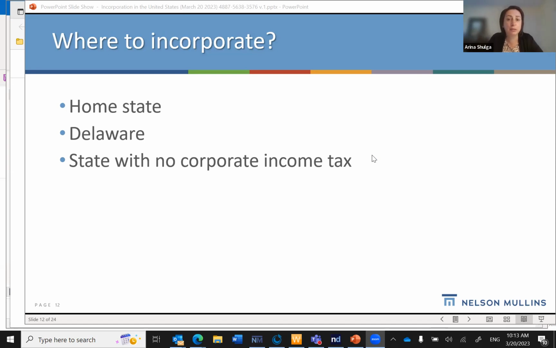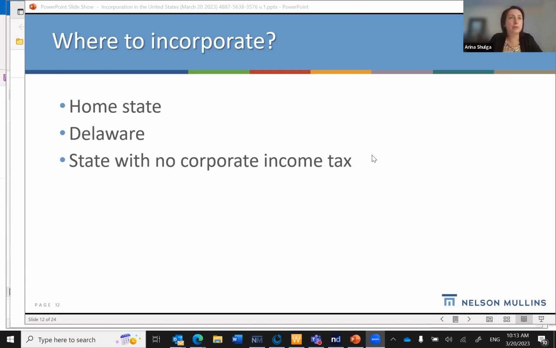And if your startup is going to be raising funds, then I think most, if not all, VCs or angel investors expect you to be a Delaware corporation, right? Because obviously they are familiar with the laws, and they're also familiar with the fiduciary duties should they happen to be on the company's board. So Delaware is kind of the choice here.